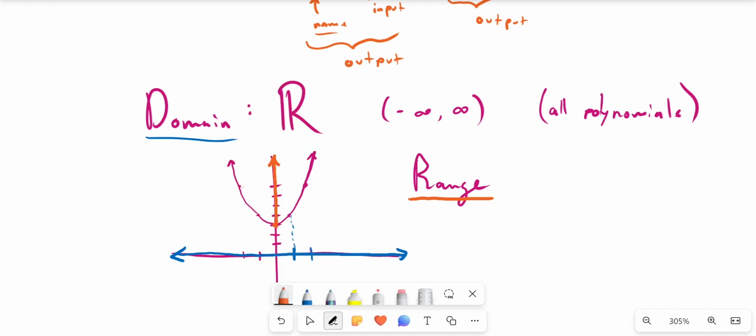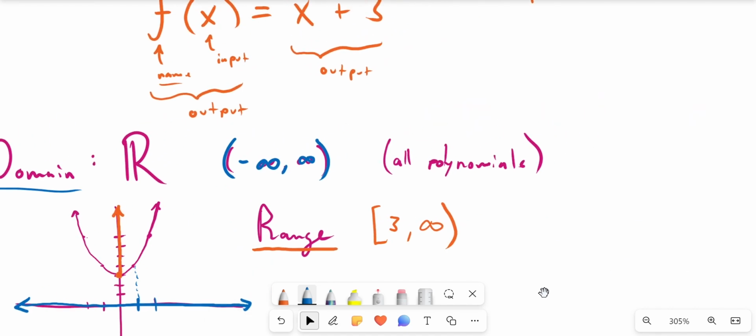This goes only so far down, and it only goes as far down as 3. 3 is the lowest number. And in fact, we include 3 because if you plug in 0, you get 3. And then it goes all the way up to infinity. That would be this thing's range. So here is my domain, and here is my range for this function.